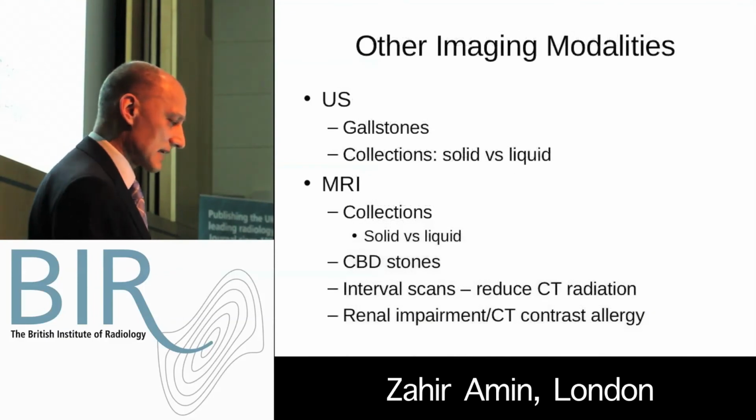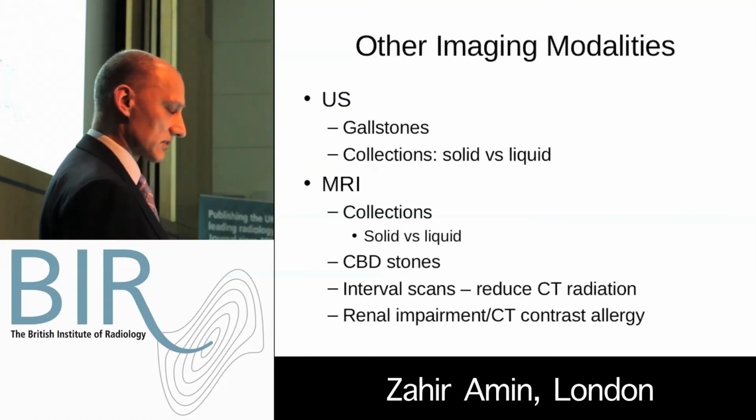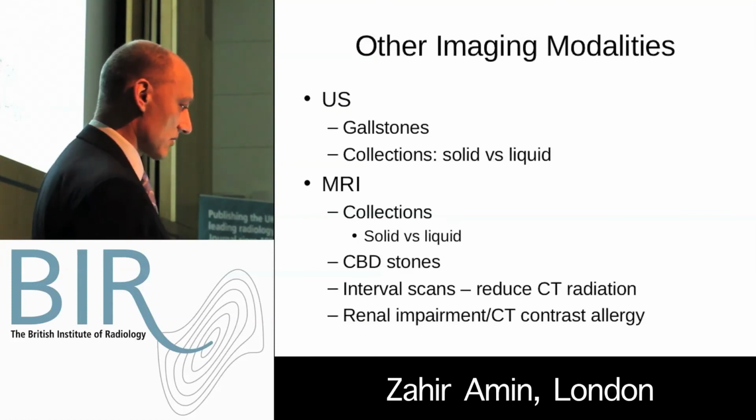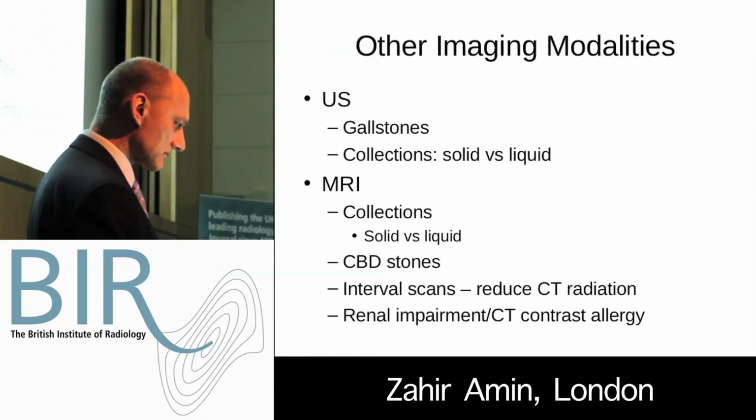In terms of other imaging modalities, ultrasound is also useful for detecting gallstones that may not be seen on CT. And ultrasound is also quite useful in deciding how much of the collection that you're assessing on CT is solid or liquid, in helping to plan whether to insert a drain or not.